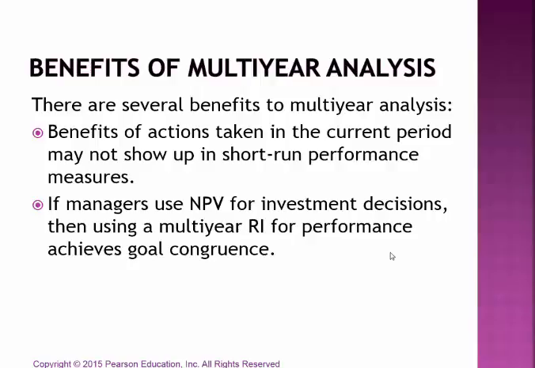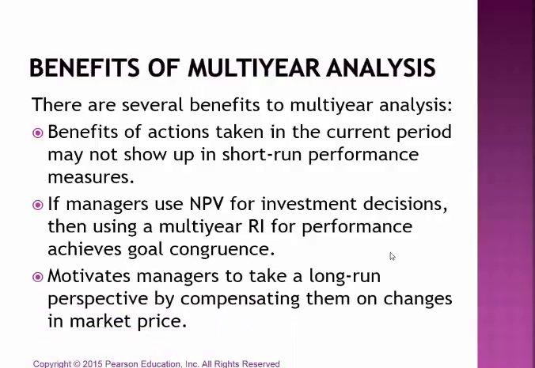We've talked about goal congruence in chapter 22. Using multiple years also motivates managers to take a long run perspective. Again, if we only use a year or shorter, they know that they are able to manipulate the numbers sometimes, and they are not being forward thinking.